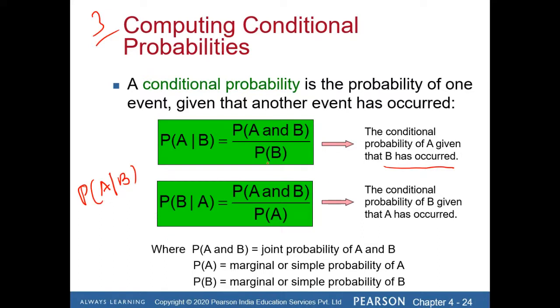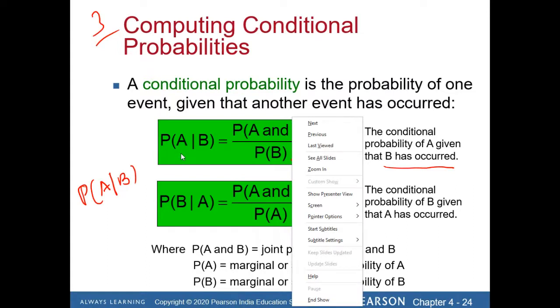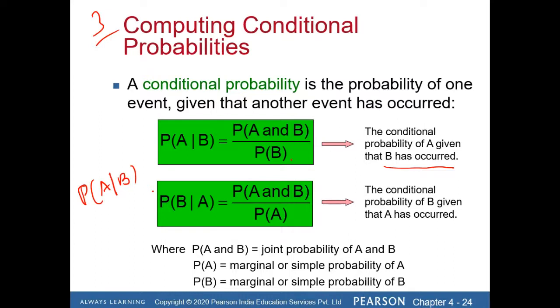The formula for finding the conditional probability of A given that B occurred is P(January and Wednesday) divided by P(Wednesday). So you will get the conditional probability. So this is the formula.